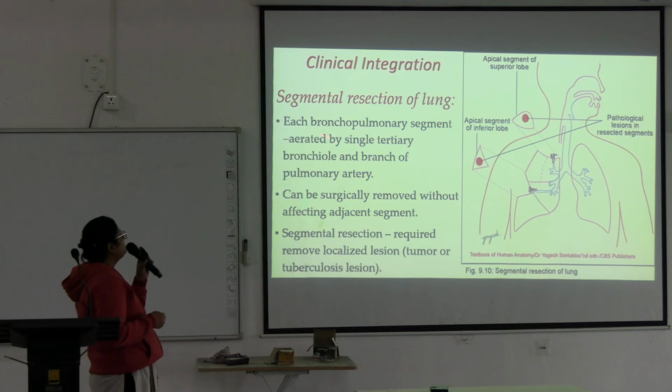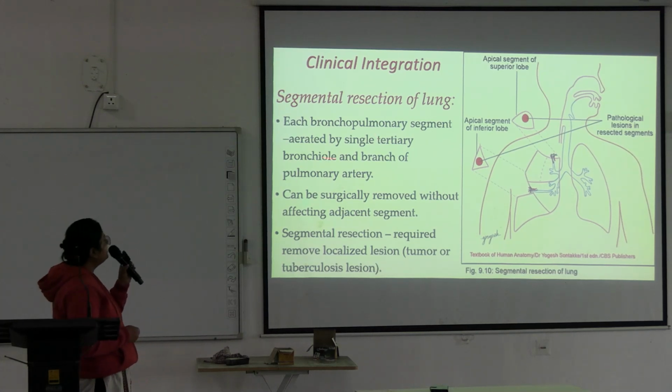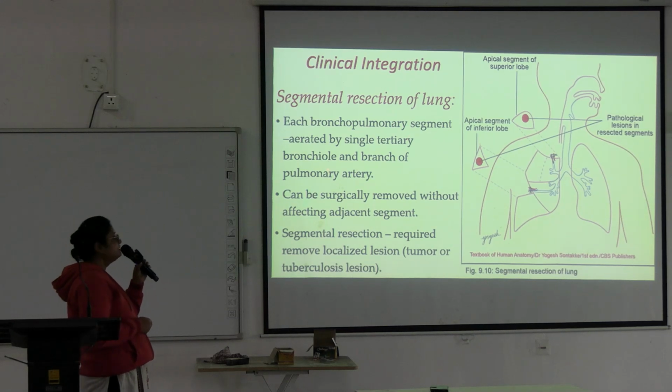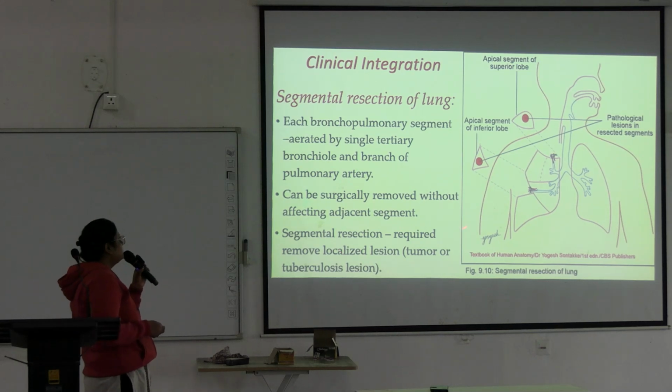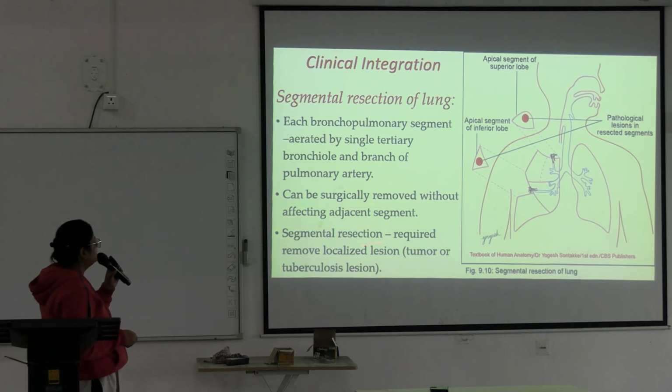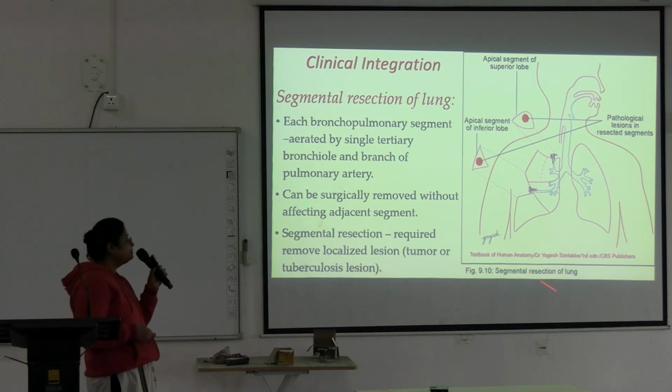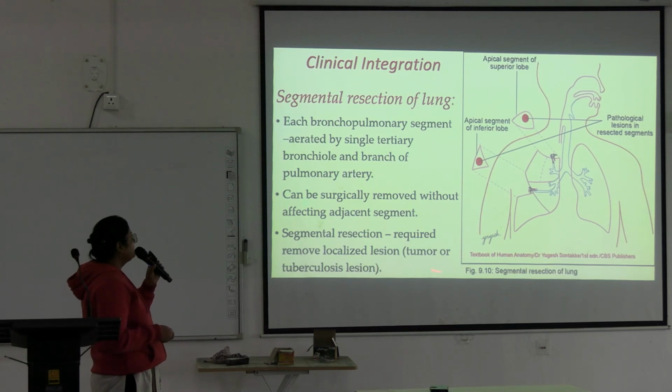Next we go to segmental resection of lung. Each bronchopulmonary segment is aerated by a single tertiary bronchus and has a branch of pulmonary artery, and it can be surgically removed without affecting the adjacent segment. Segmental resection is required to remove a localized lesion like tumor or tuberculous lesion.